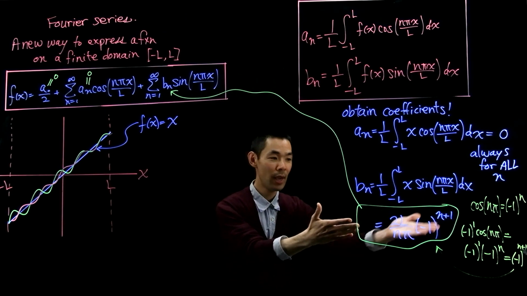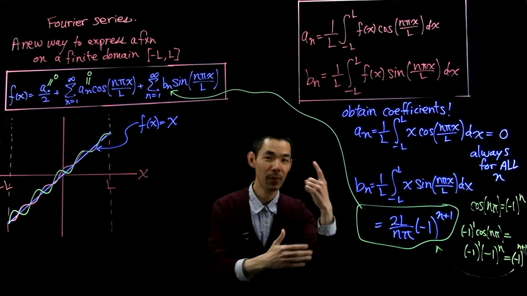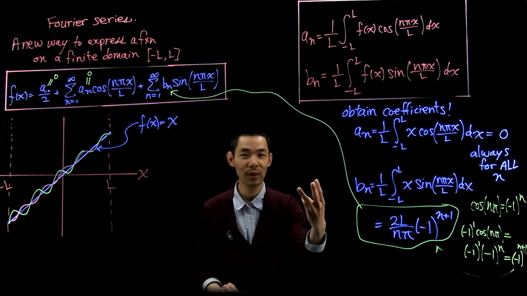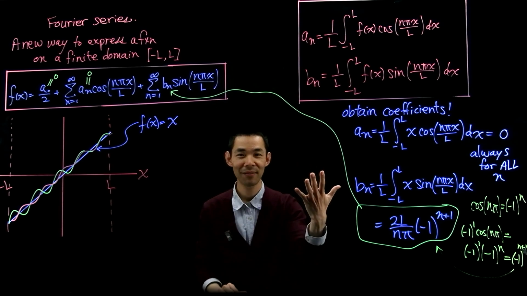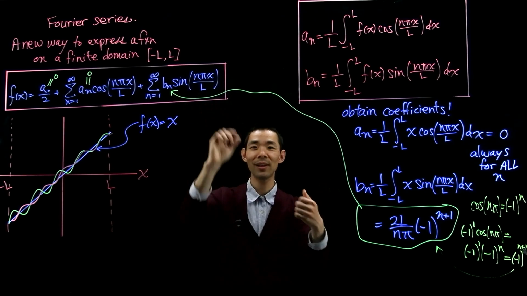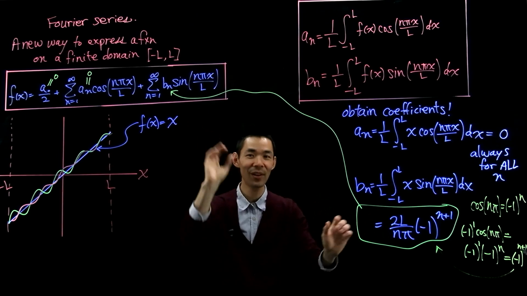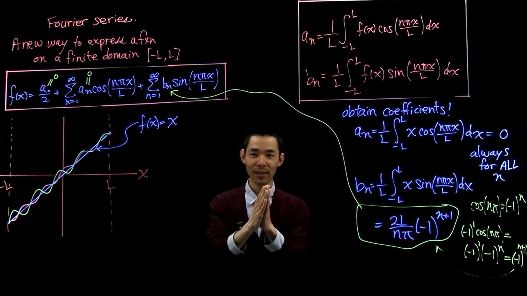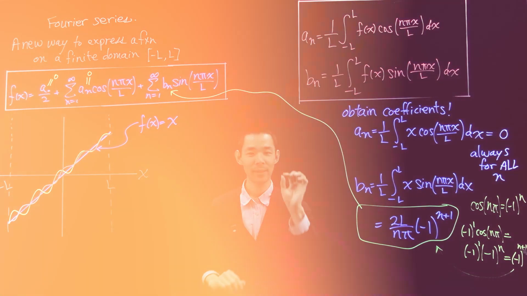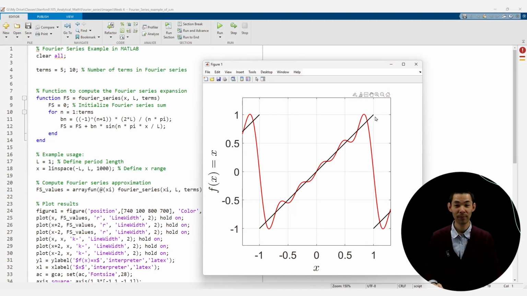So right here in this expression, we've taken b1, b2, b3, b4, b5, multiplied with sine 1, sine 2, sine 3, sine 4, sine 5 of those respective indices, slapped them together, and then plotted it. That's what you see in the red curve. You can see that it does a pretty crummy job. I mean, if you just show me this red curve, I'd say get out of here. That looks nothing like the linear function f of x is equal to x.